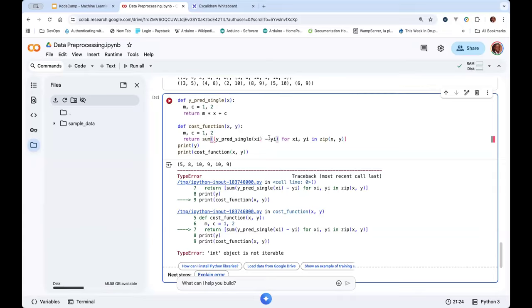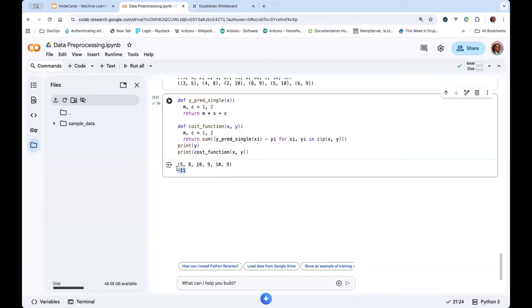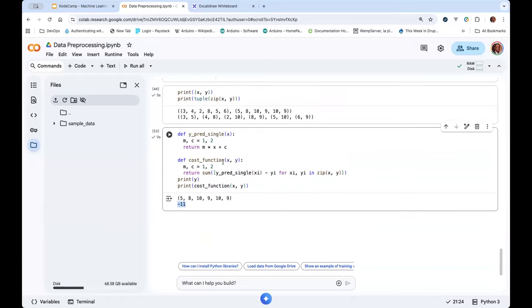So I sum the values. You can see the sum is -11.